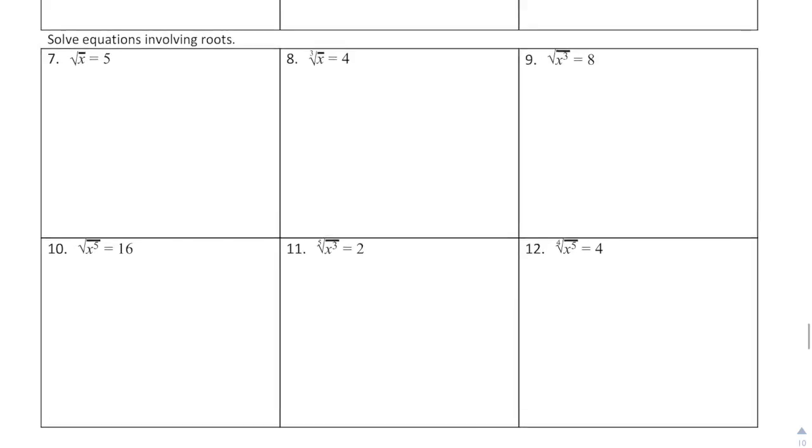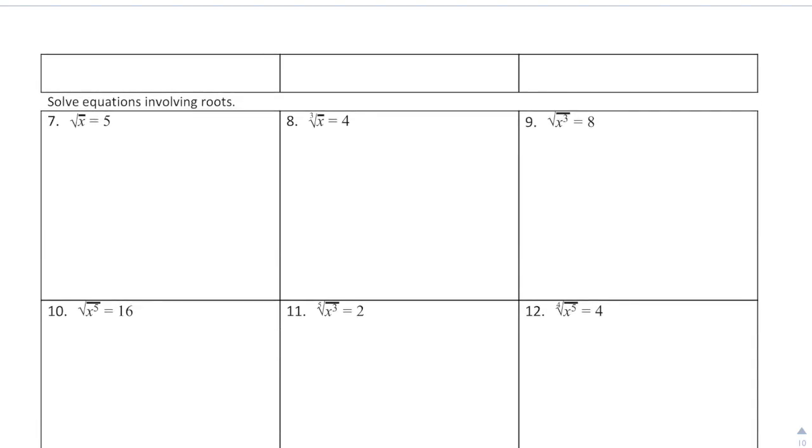All right, now we're going to do something a little bit different. One of the things that you want to notice right away is that all the problems that we're going to work on today have equal signs. So we're solving equations.